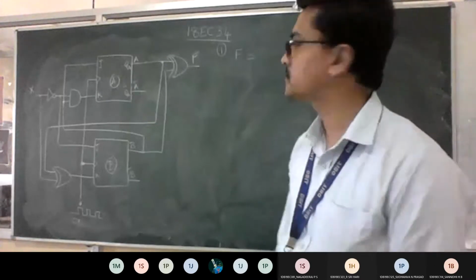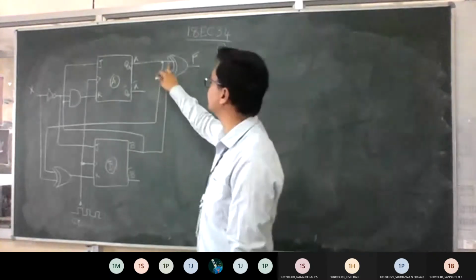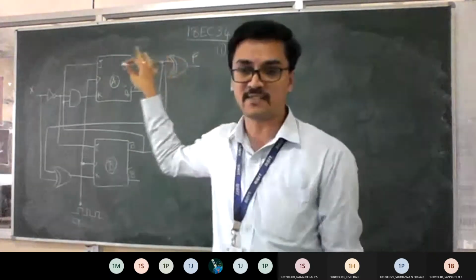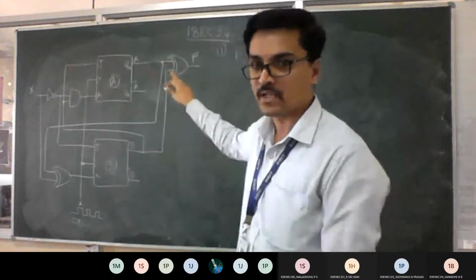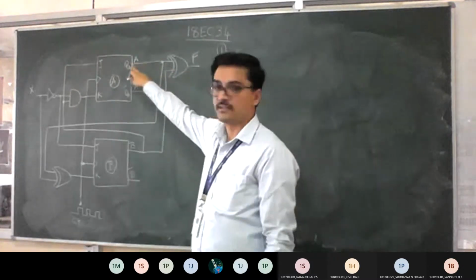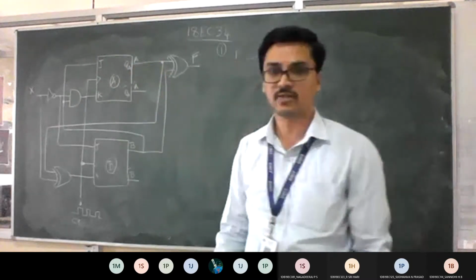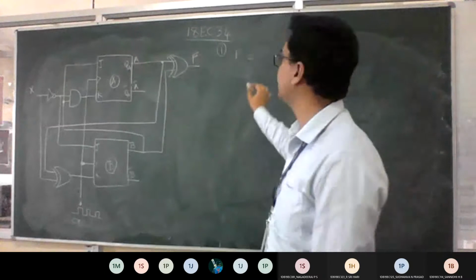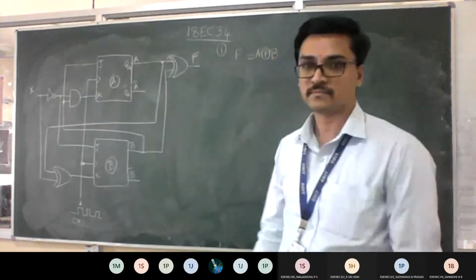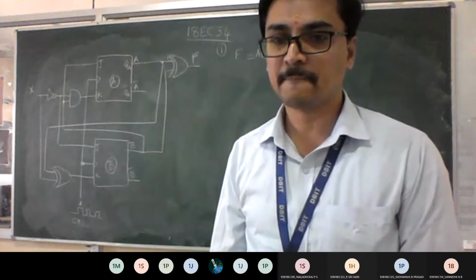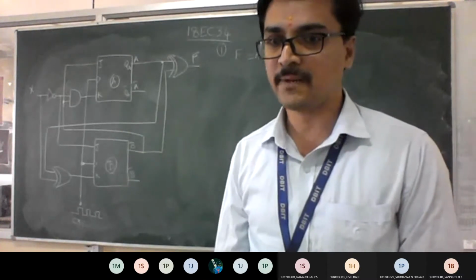A XOR B. Look at the connection for F. First of all, what type of gate is it? It's a XOR gate, with connection from A and connection from B. So can I write this F as A XOR B? Okay?